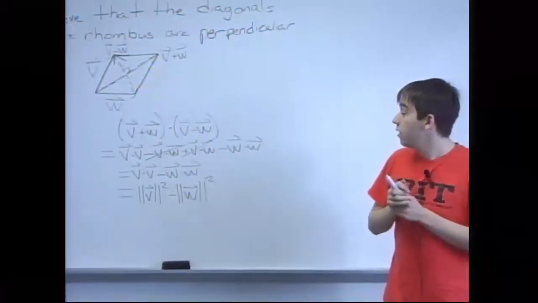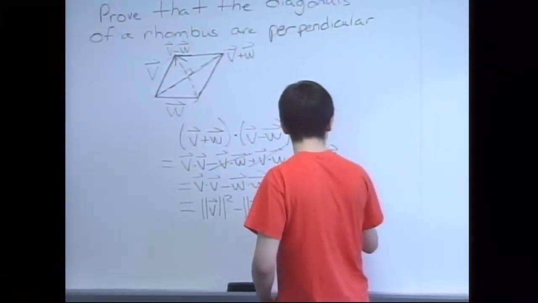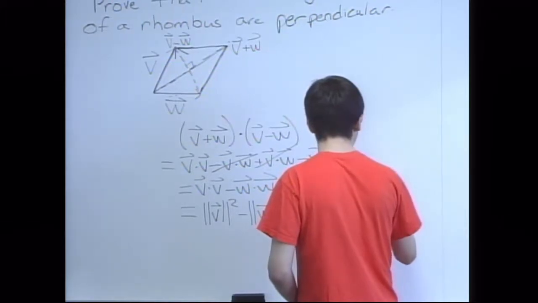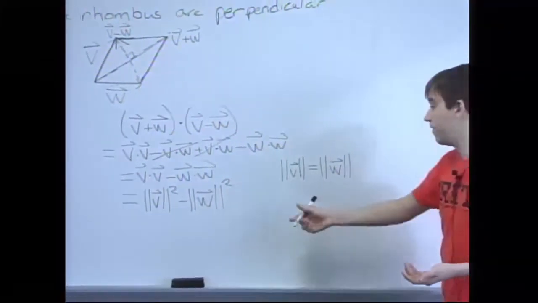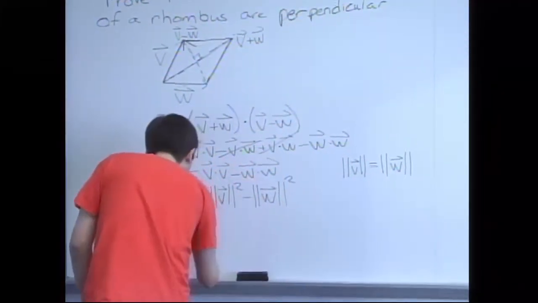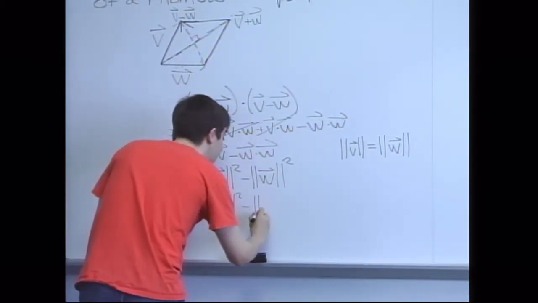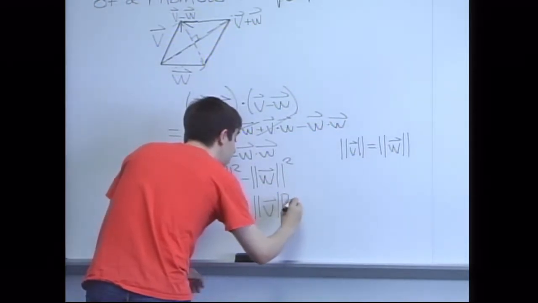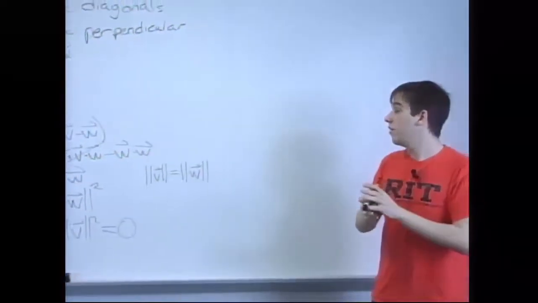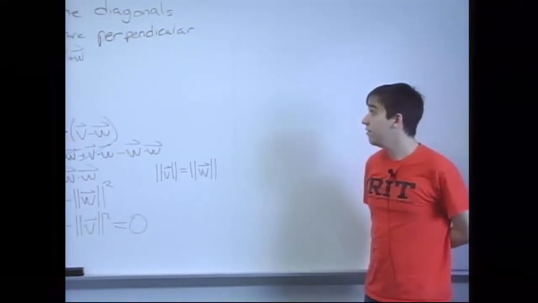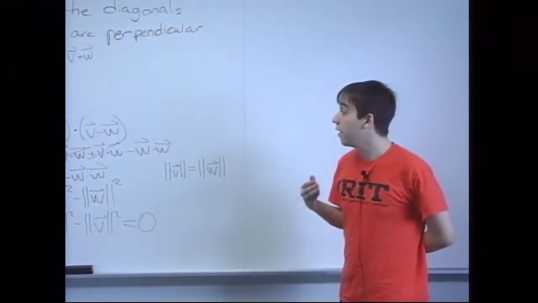So if you remember, in a rhombus, all of the side lengths are equal. So in fact, the magnitude of v is equal to the magnitude of w. If you make that substitution, we get the magnitude of v squared minus the magnitude of v squared, which is just equal to 0. So that means that the dot product of v plus w and v minus w, the two vectors that represent the diagonals of this rhombus, is equal to 0.